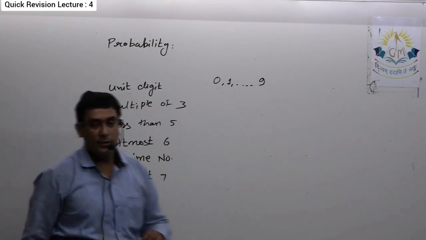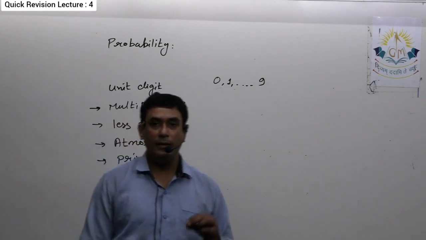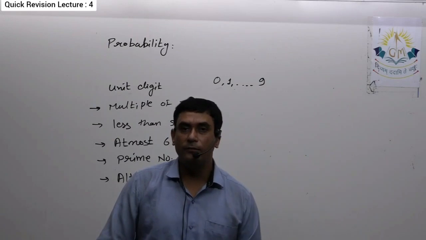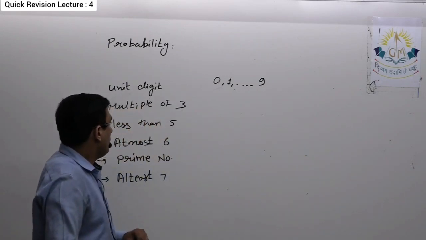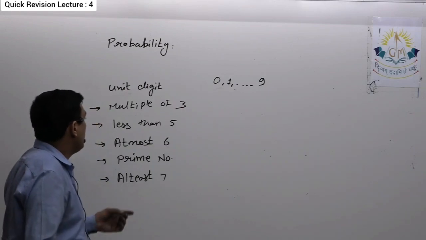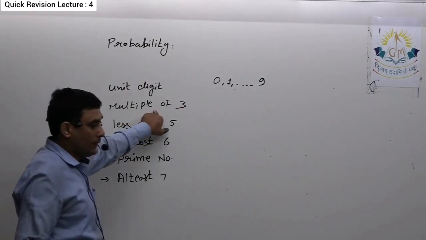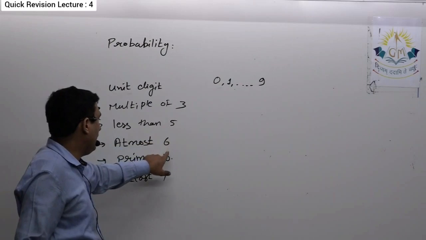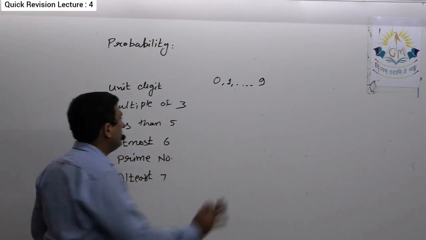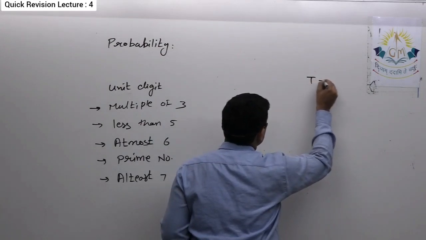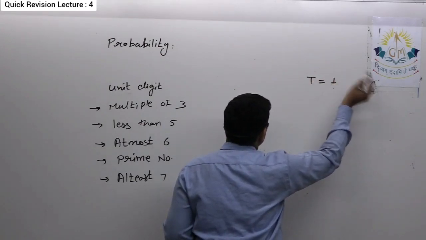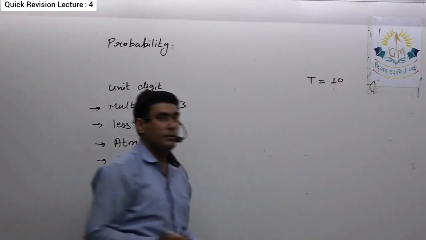So the question is: if a number is selected at random from a directory, what is the probability that the unit digit of the selected number is a multiple of 3, less than 5, at most 6, a prime number, at least 7. So here total outcomes are how much? 10, from 0 to 9.